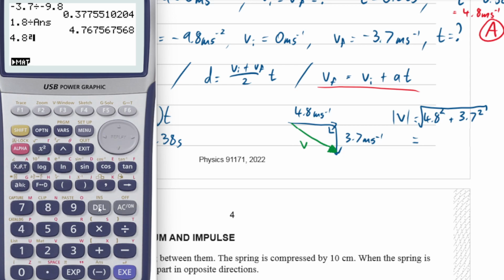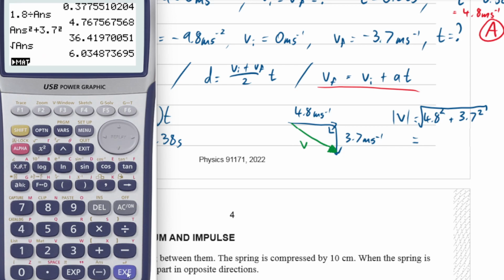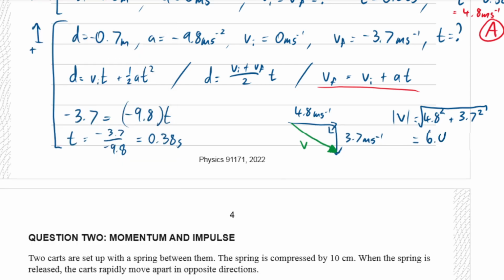So here I should actually be using the unrounded answer. So shift answer squared plus 3.7 squared, and then I will shift square root that answer, which gives 6.0 meters per second.